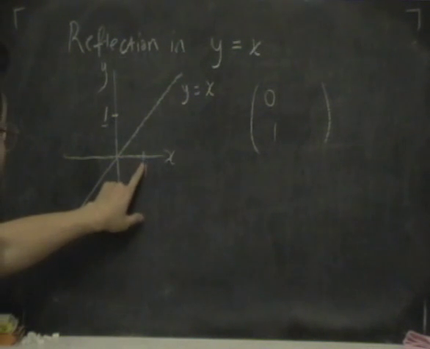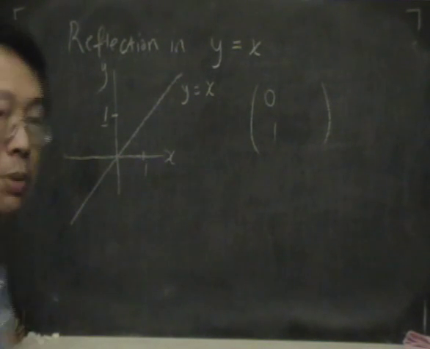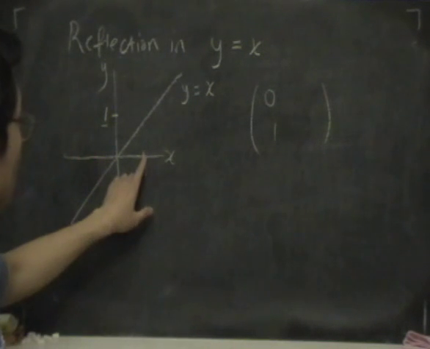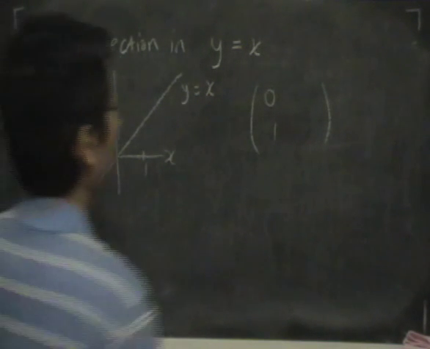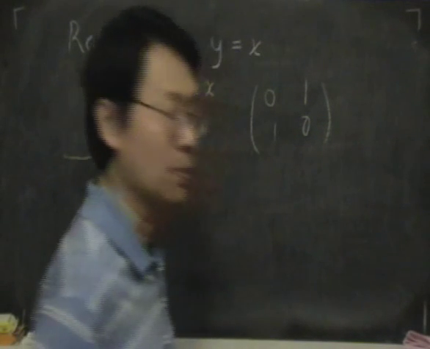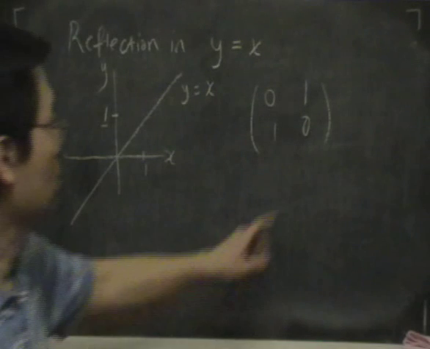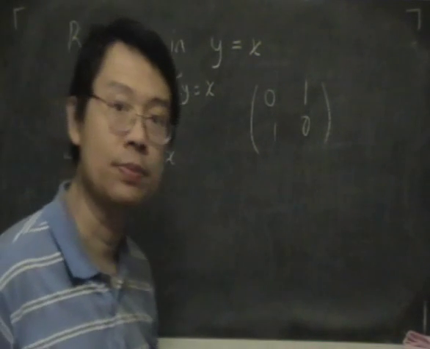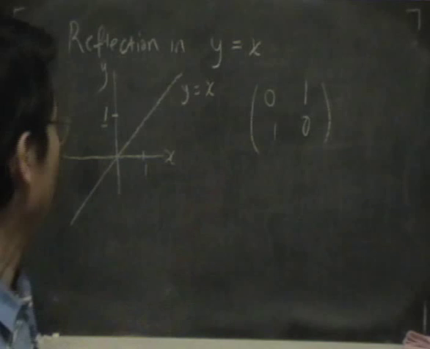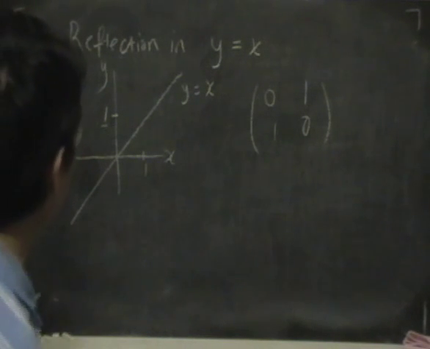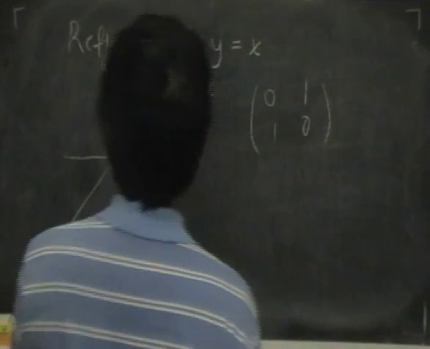So that must be my second column, and that is 1, 0. The coordinate of this point is 1, 0. So that's my matrix for reflection in y equals x.